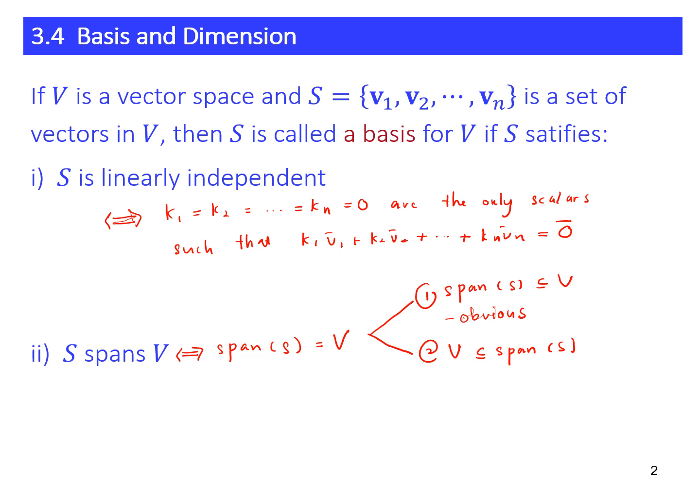So to show that V is a subset of span of S, we have to show that for every vector V in V, there exist scalars, let's say we denote as K1, K2 up to Kn, such that the vector V is K1 V1 plus K2 V2 plus up to Kn Vn.